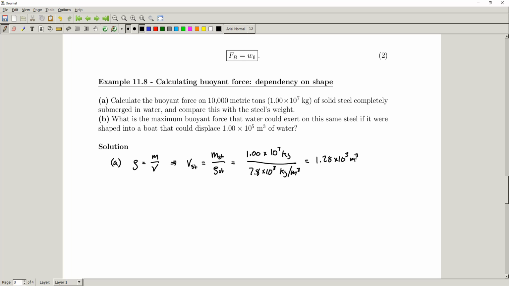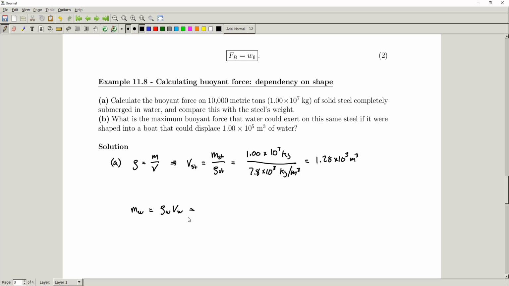And so we can calculate the mass of the water that's being displaced. The mass is going to be the density of water times the volume of water that we're moving. But the volume of water is just the volume of the steel object that we're sinking in it.